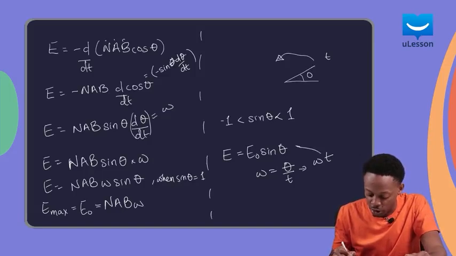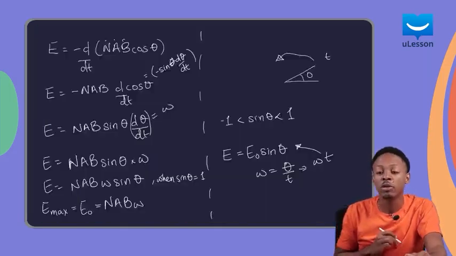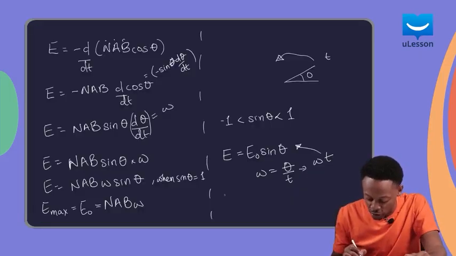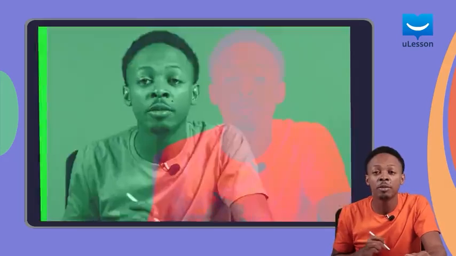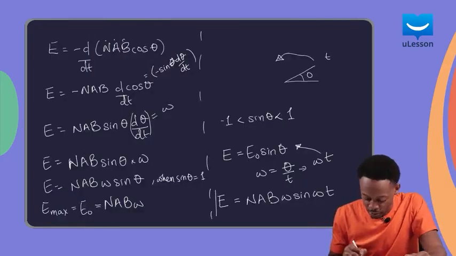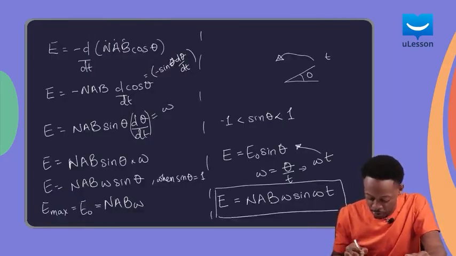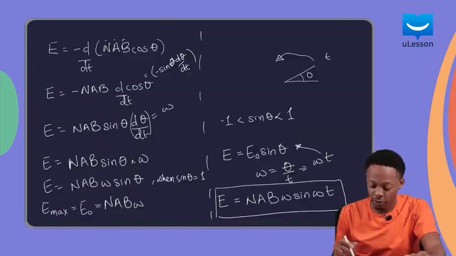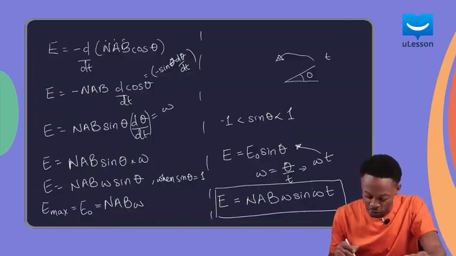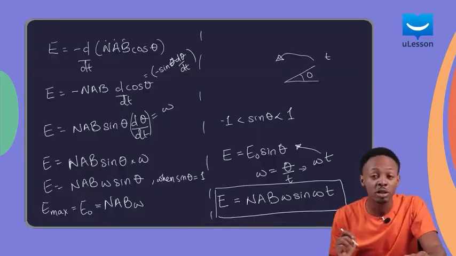All right, we can put this here, and we'll have the final form of our equation: E, the electromotive force, is equal to NAB omega sine omega t, right? And that is Faraday's law in a mathematical form.